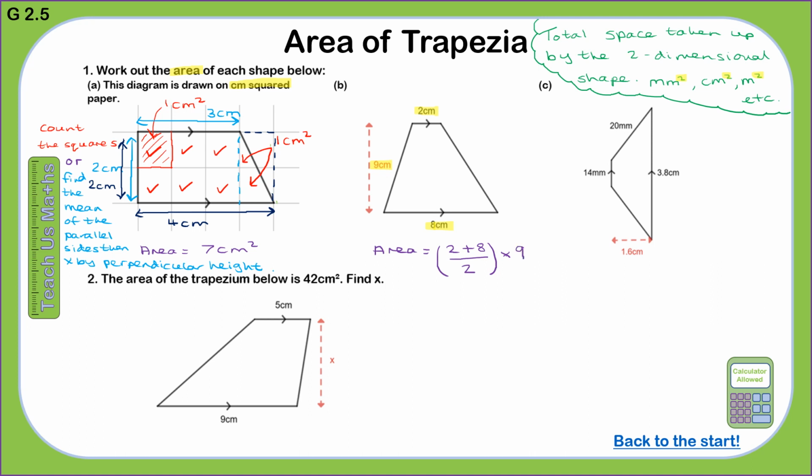So 2 centimetres plus 8 centimetres divided by 2 is 5 centimetres. That is the mean of our parallel sides. And then multiplied by our perpendicular height, 5 centimetres multiplied by 9 centimetres gives us an area of this trapezium of 45 centimetres squared.